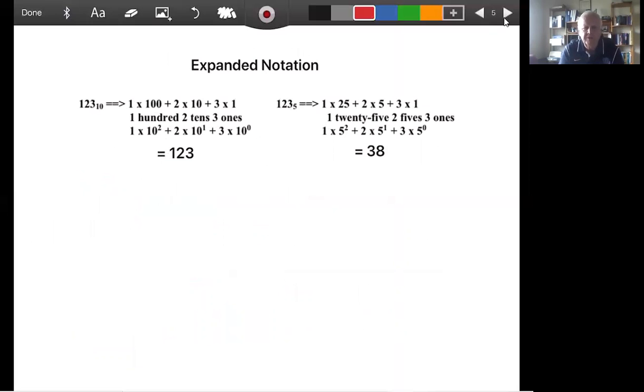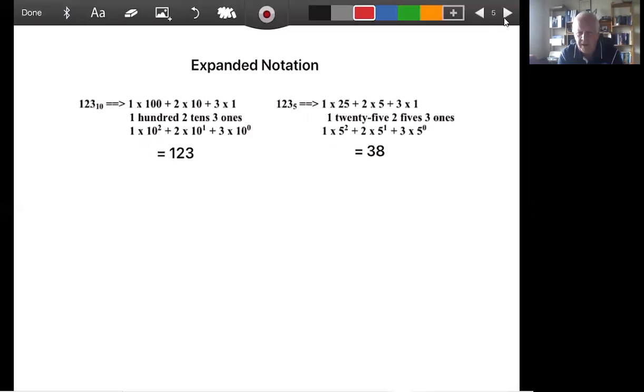So let's look at what's going on with bases. You can see in the example I have 123 base 10. That is pronounced 123 because it's 1 100, 2 10s, and 3 1s, and that's 100 plus 20 plus 3, which is 123. But take a look over to the right at 123 base 5.